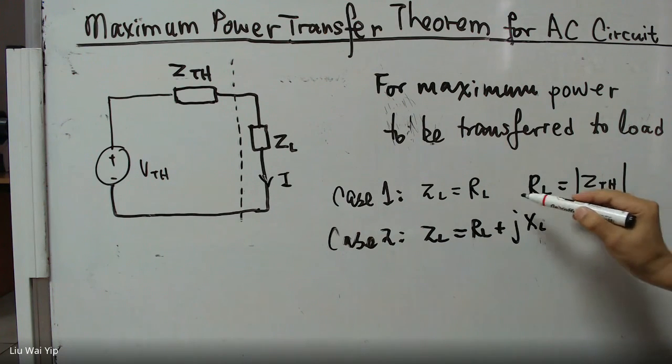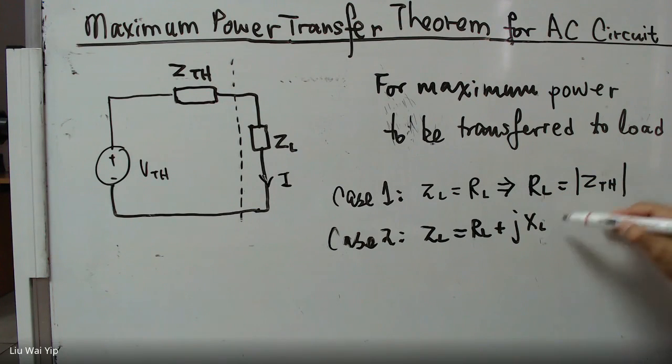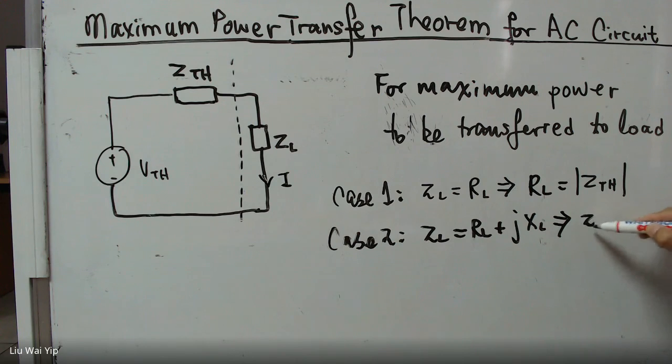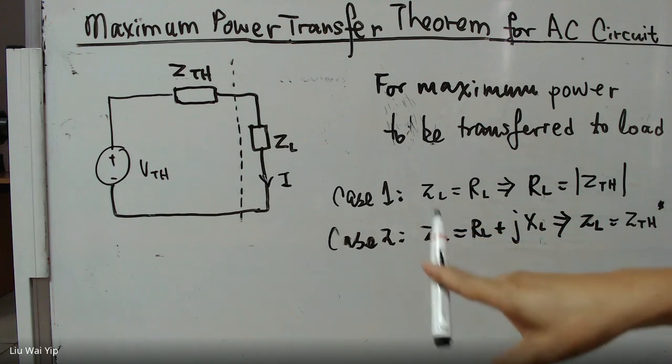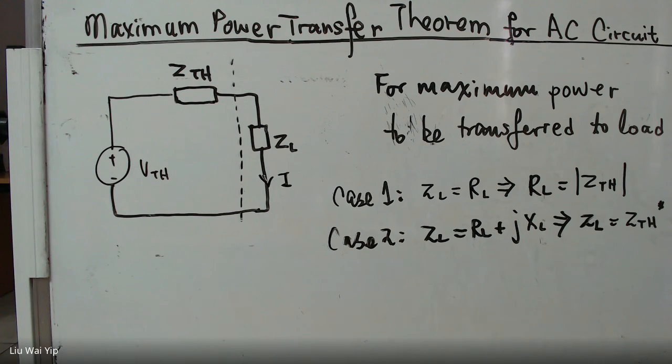So in this case, we can briefly say ZL is equal to the conjugate of the Thevenin impedance. So this is the conclusion we have drawn for this chapter.